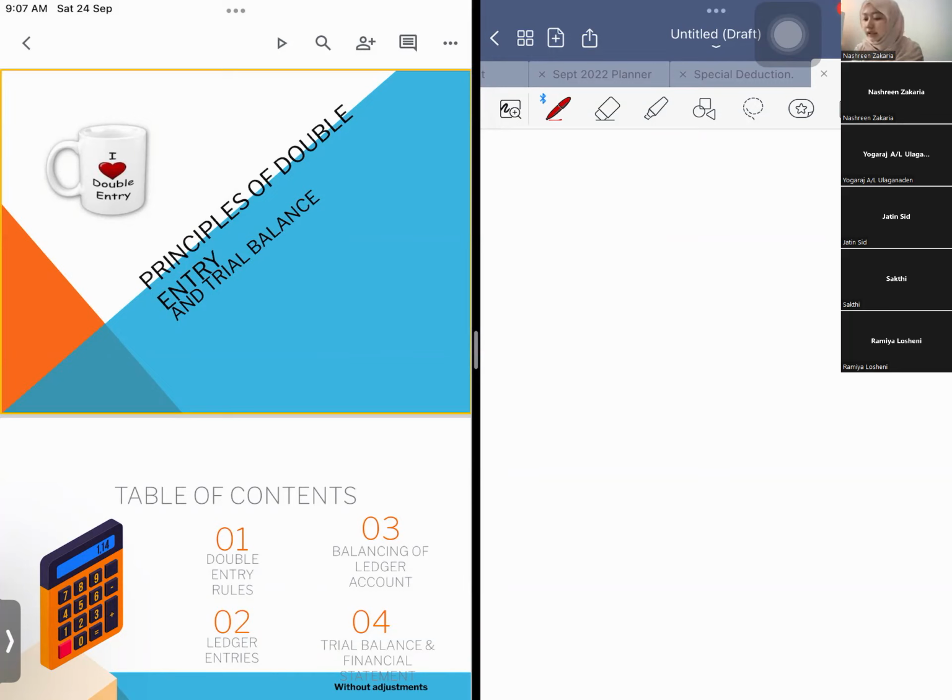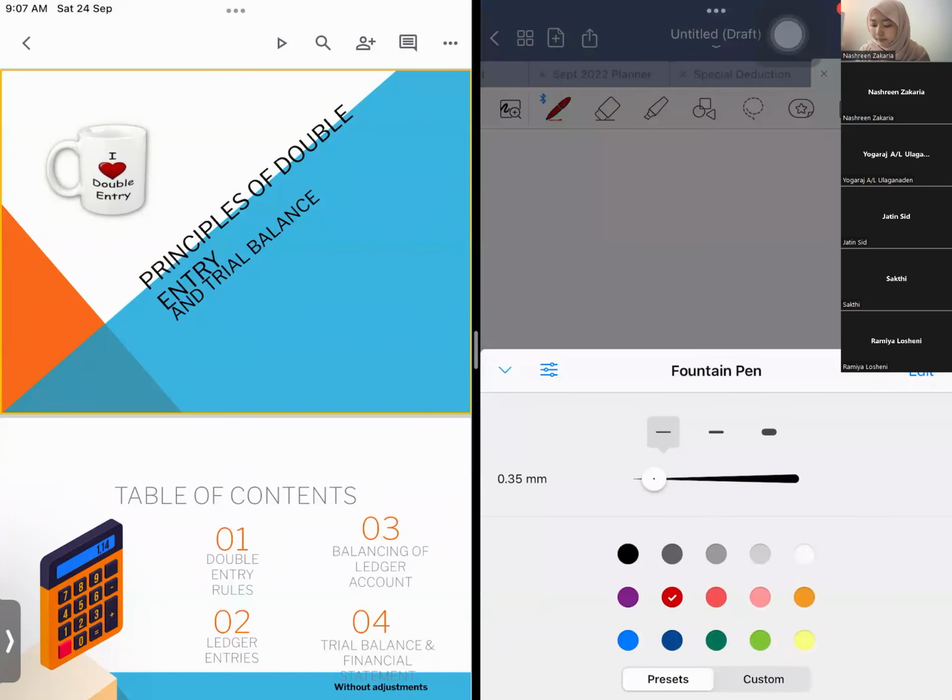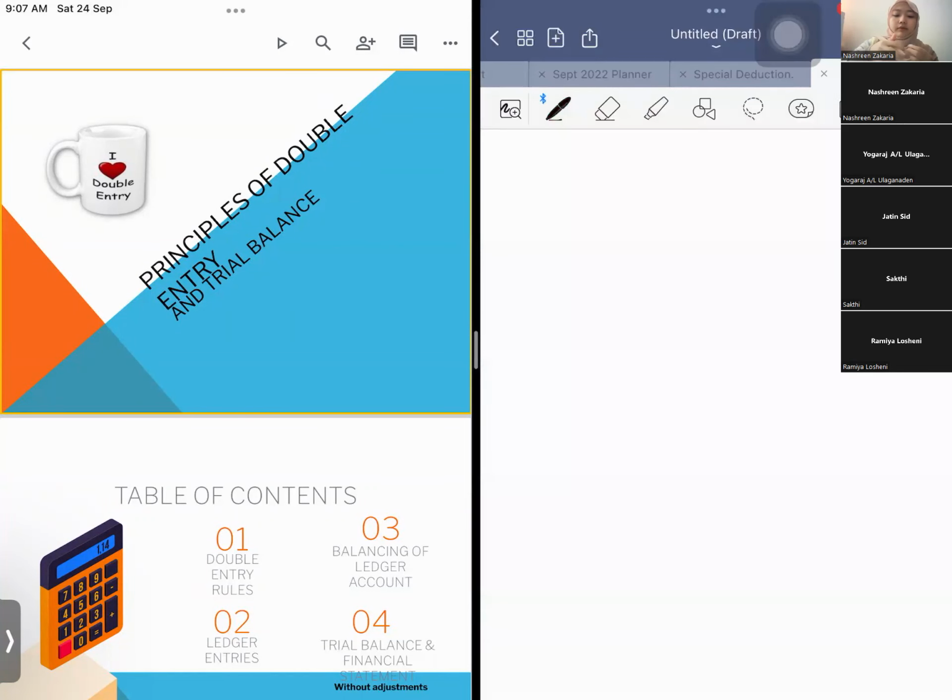So let us make a quick recap about what we have learned. What we have learned in chapter 2 and chapter 3 so far is accounting classification, or the elements.